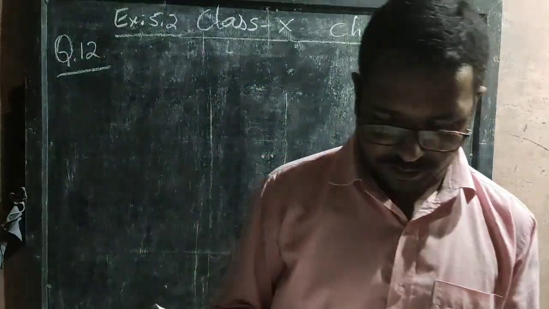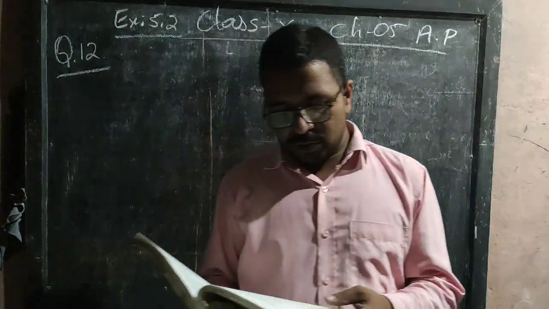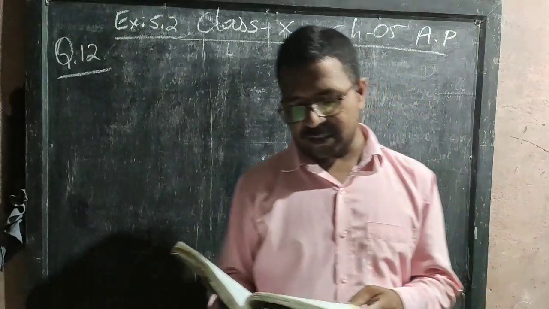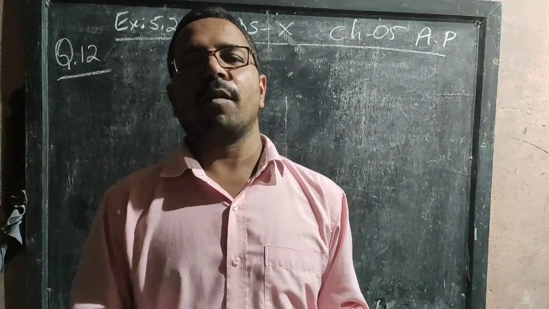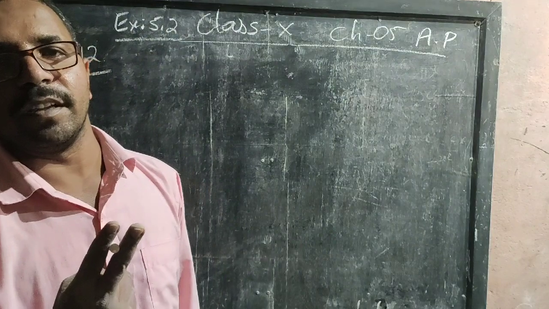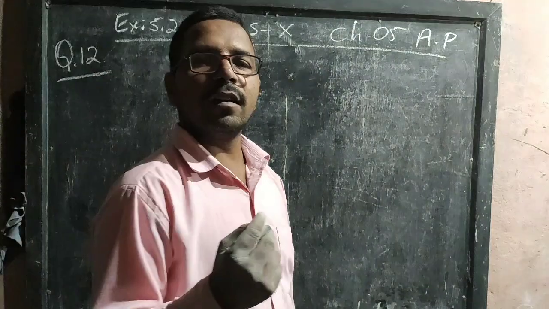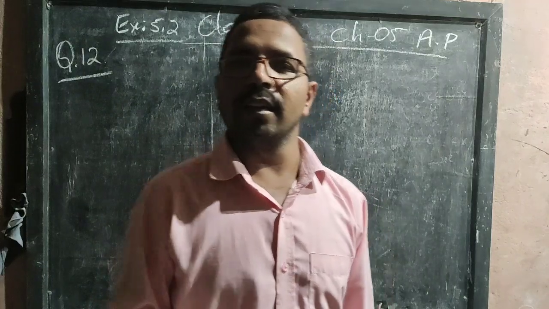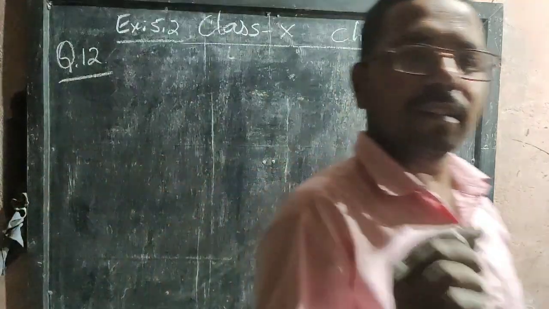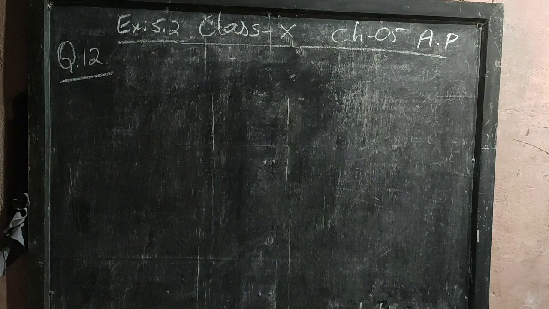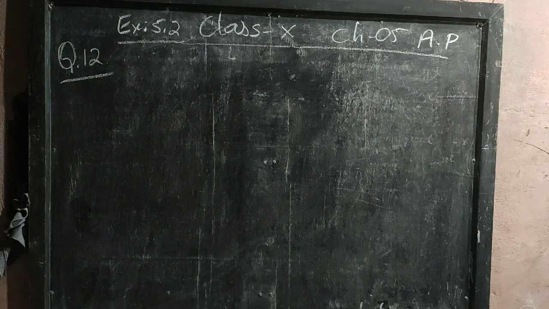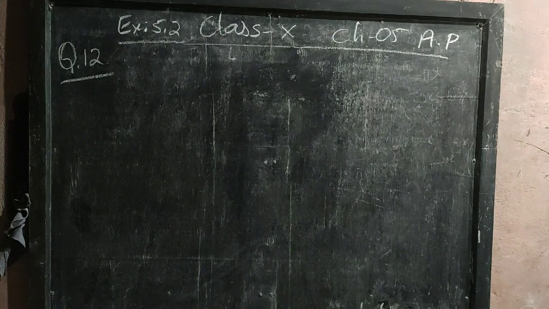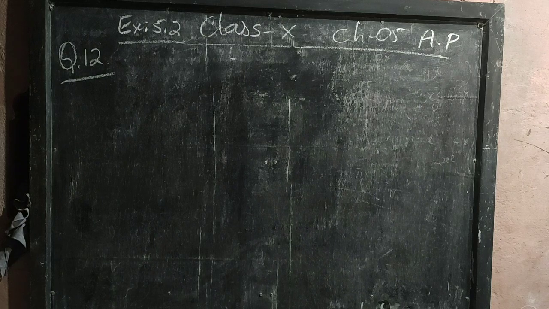In question number 12 it is telling us that 2 APs have the same common difference. That means, students, how many APs are there? 2 APs, having the same common difference. If you take D, then D is the same common difference for both APs, the first AP and the second AP.